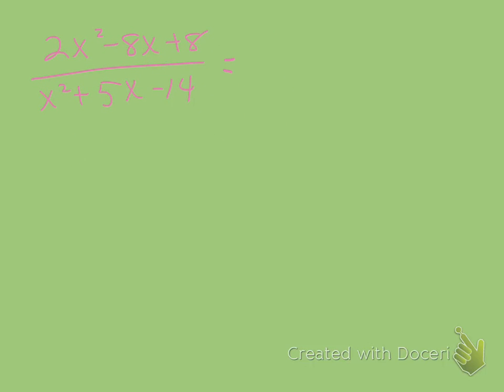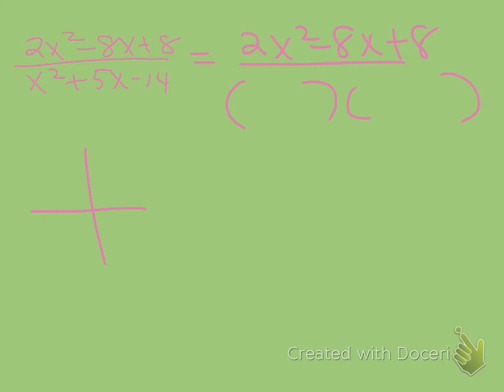So we're going to come over here, and I'm going to leave the 2x squared minus 8x plus 8. We're going to factor this. You learned factoring a couple lessons ago. We did that box method, if you remember. And we put the x here and the x here. So then we'd have negative 7 times 2, or 2 times negative 2.